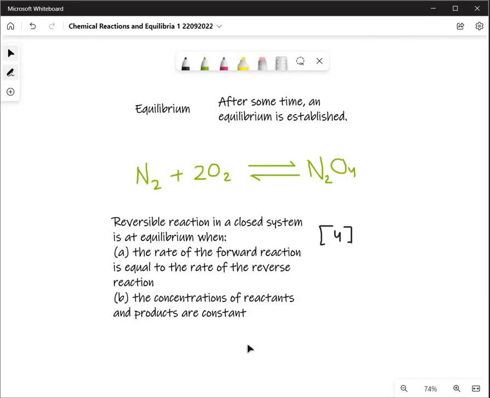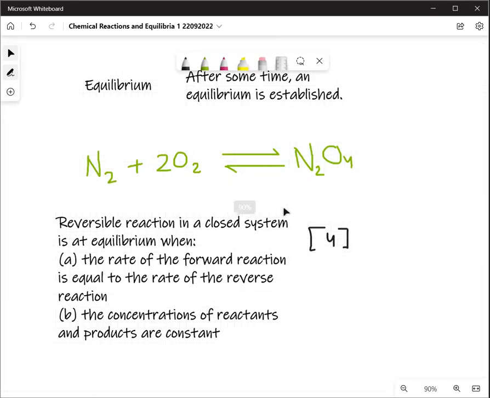Can you see it? Now this right here is all you need. Have you written it down? Done. Any questions here?